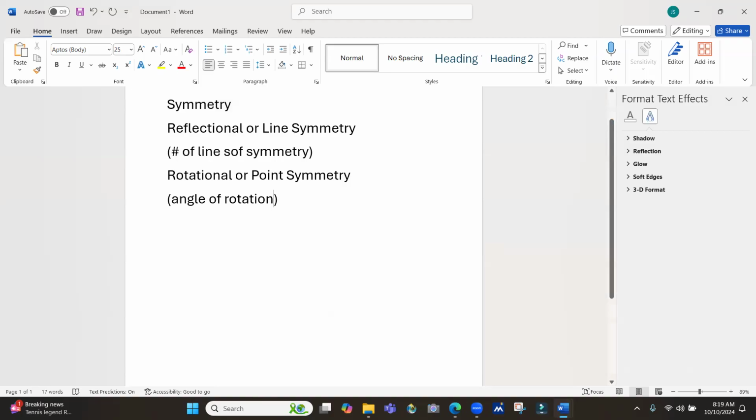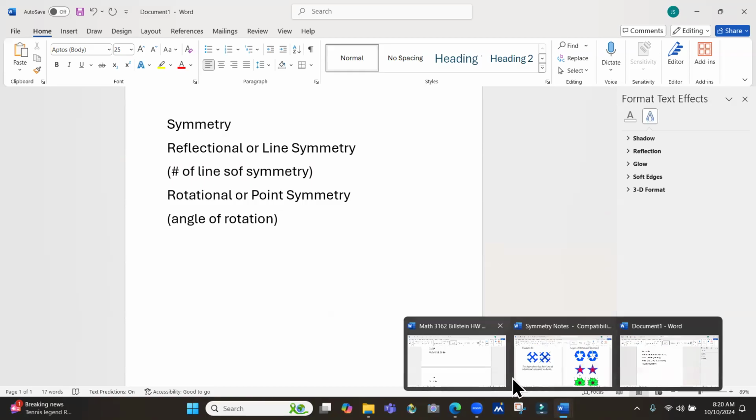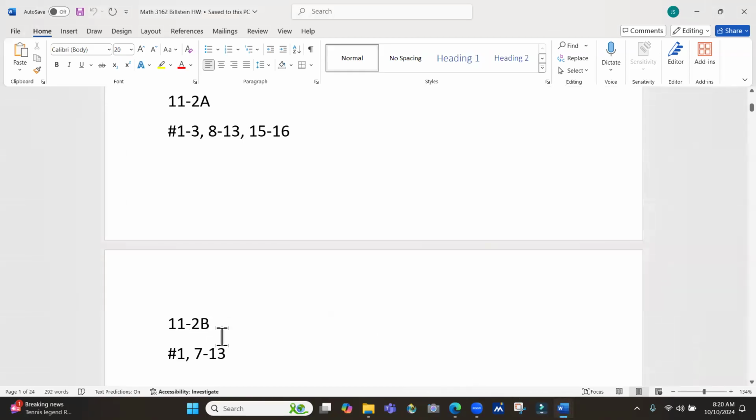And we also learned that some shapes only have reflectional symmetry, some shapes only have point symmetry, some shapes have both, and some shapes have neither. That's a basic summary. We are actually done with the last chapter that we were working on, 11.2. It's a section really.